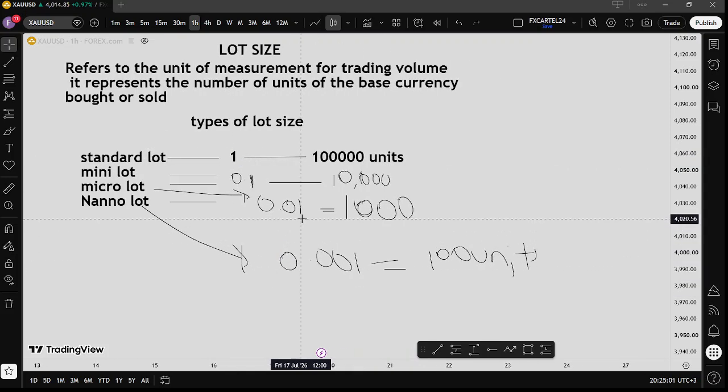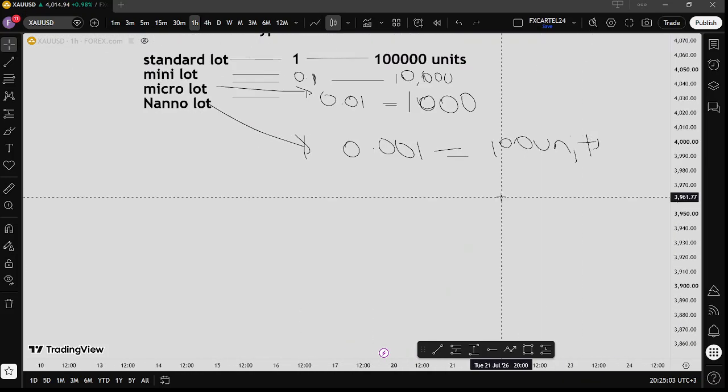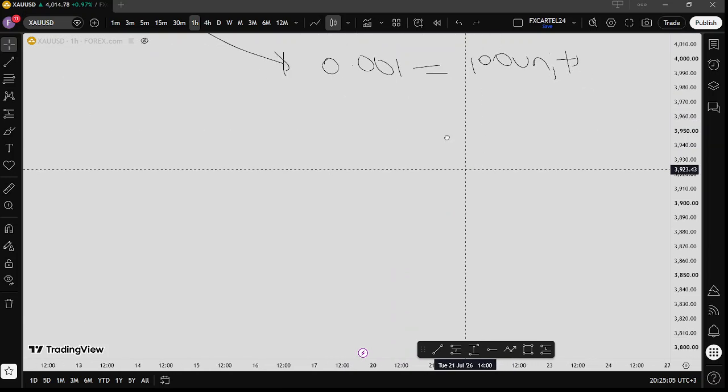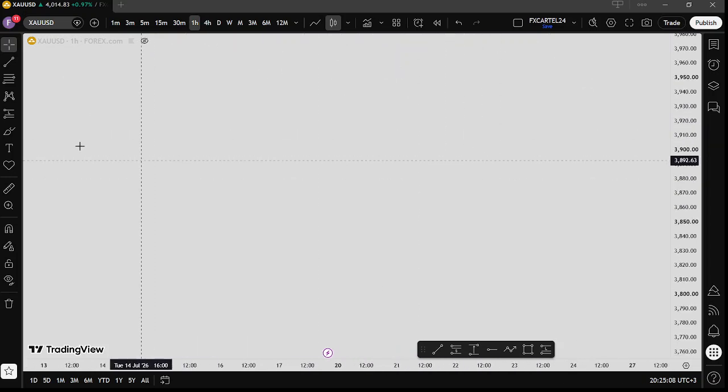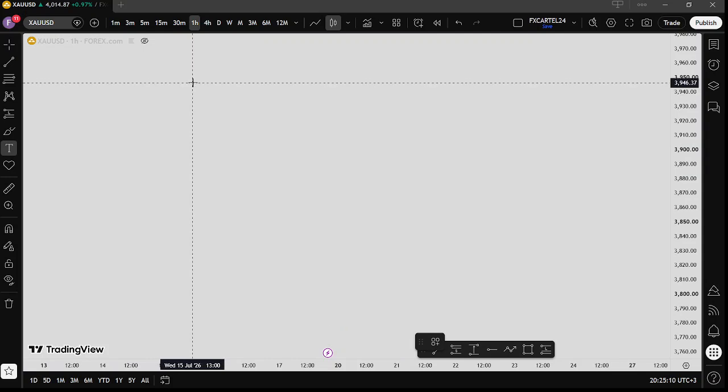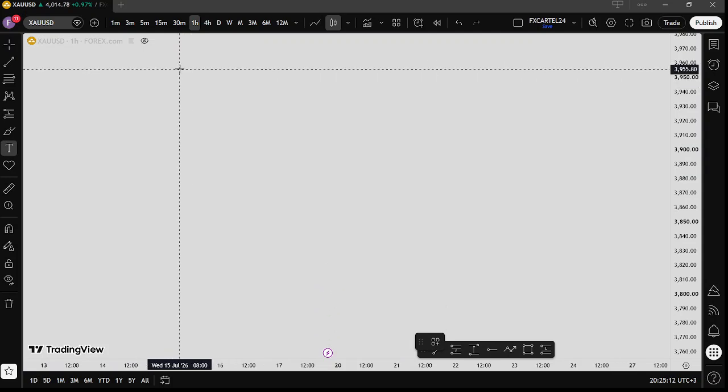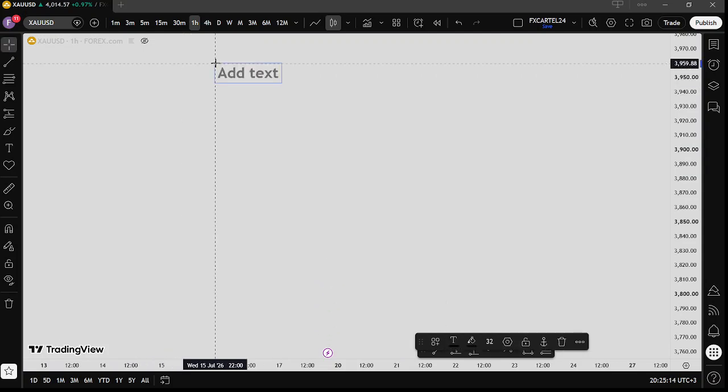Okay, so let's get importances here for you to understand deeper. Number one, importance. You can write down importance of lot sizes.